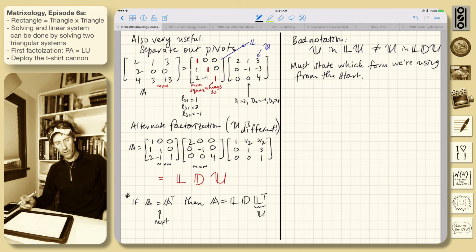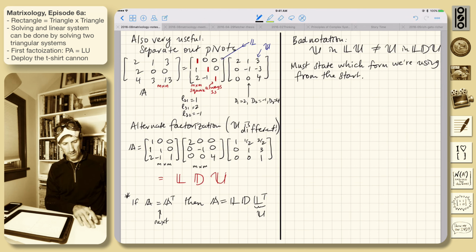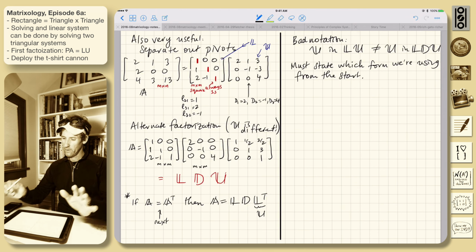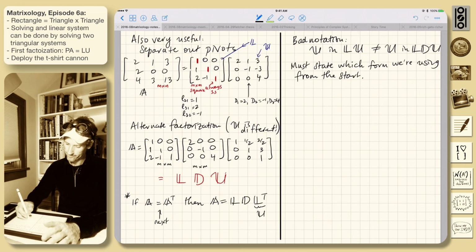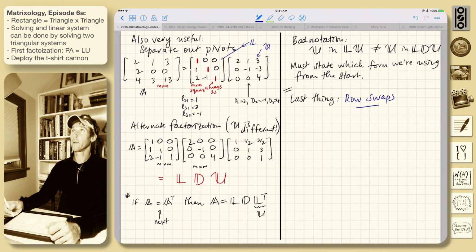I think one important thing just to finish with here is we haven't talked about row swaps. Last thing is row swaps. And the way we do this is we figure out computationally how to do them all at the start. So we fix A up, if you like.